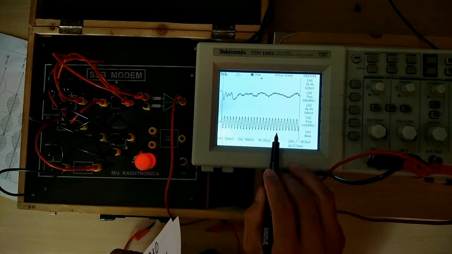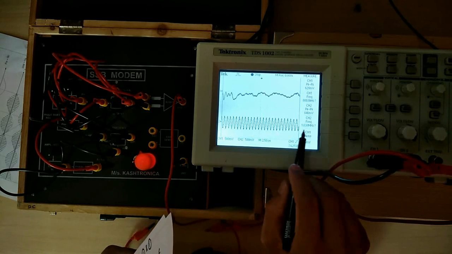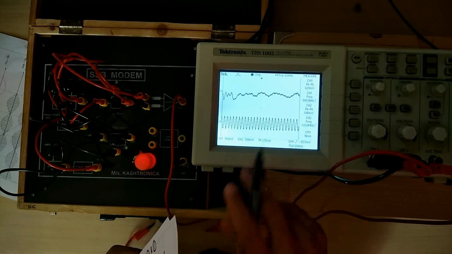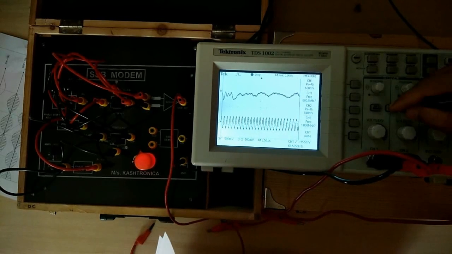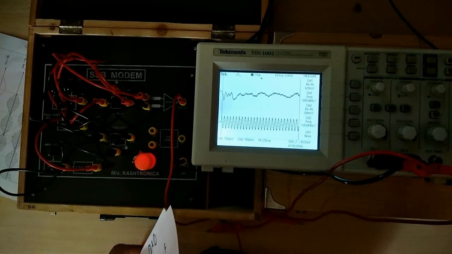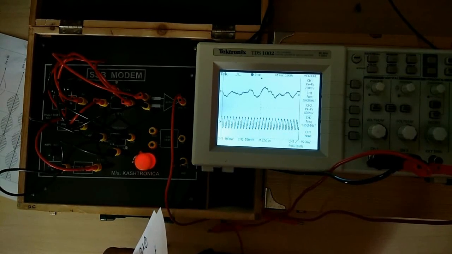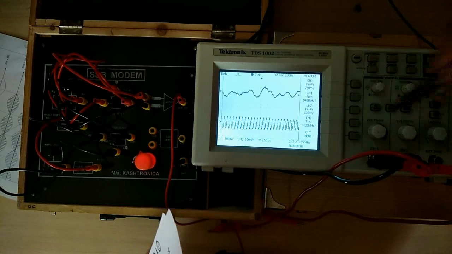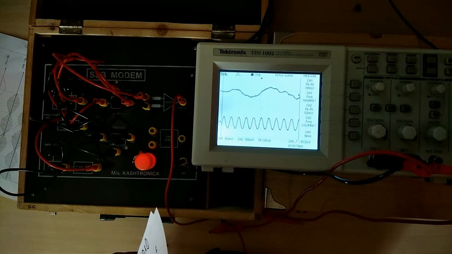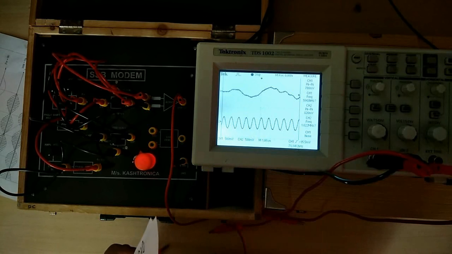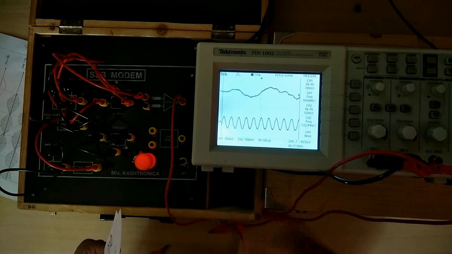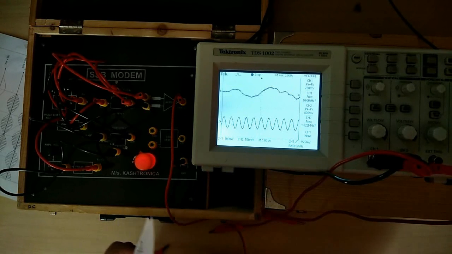So this is my SSB signal, which is showing 1.038 question mark. We have to measure it by cursor, or we have already measured it in the frequency domain, so no need to measure this frequency. This is showing different values of carrier because this output is not stable.